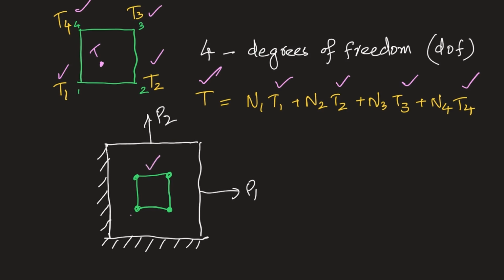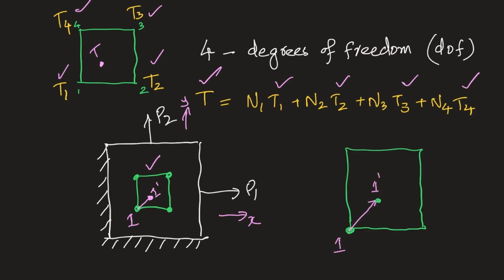If you consider this node 1 alone, and since this plate is loaded in both x and y directions, the point 1 will move something like this to a new point, say 1 dash. I've drawn the element a little bit bigger on the right side. For this problem, the field variable is the displacement u.